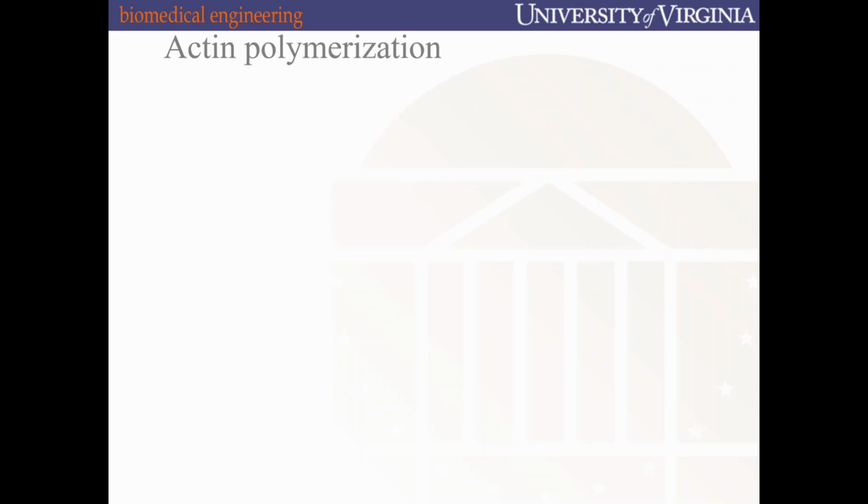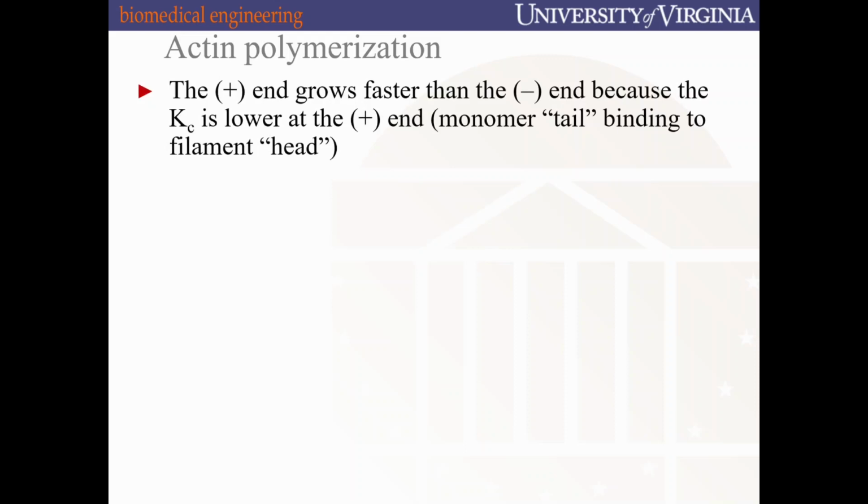Okay, let's talk now about the properties of actin polymerization. The plus end of an actin filament grows faster than the minus end because the critical concentration, Kc, is lower at the plus end. This difference in critical concentrations comes from the polarity of the actin filament. If you were to look at each end, they'd look different. One end has one side of the actin monomer, and the other end has the other side facing out.